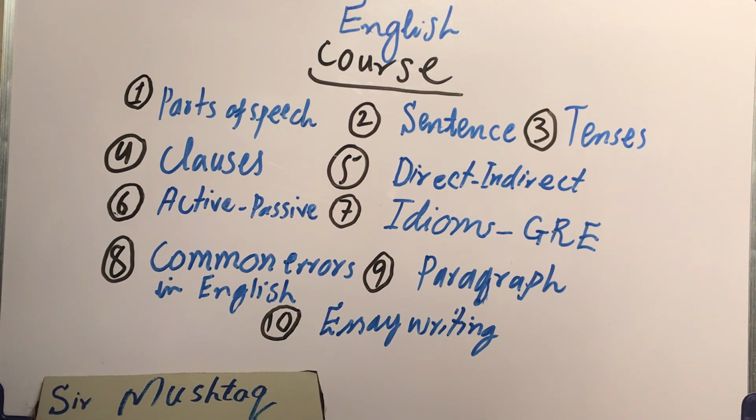Then there come the common errors in English language. Yes, it is necessary to know about the common errors while using sentences in English language. It is necessary to use prepositions correctly and use multiple types of parts of speech in sentences correctly.